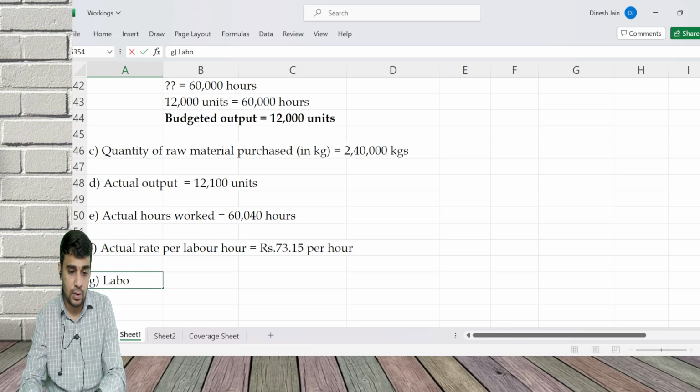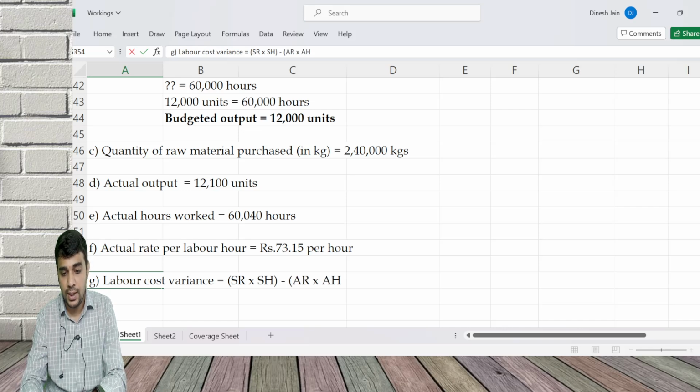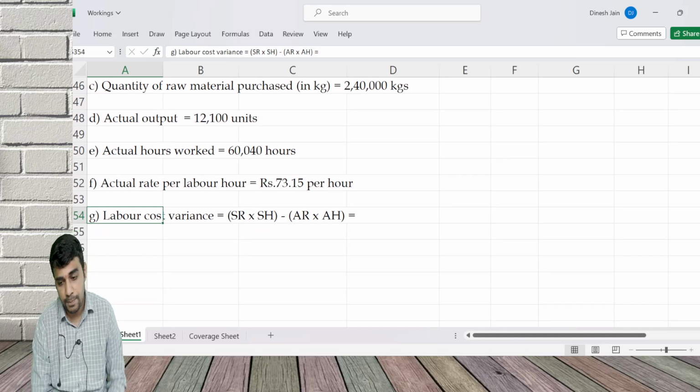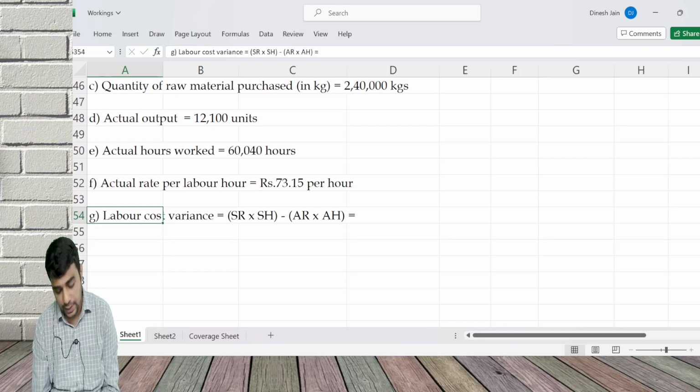Labor cost variance: SR into SH minus AR into AH. Apply the formula and close it. Let me know the answer.